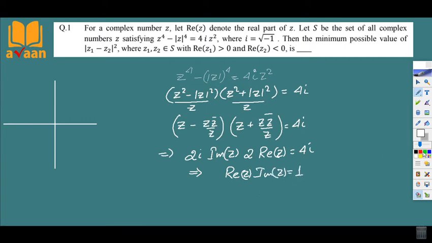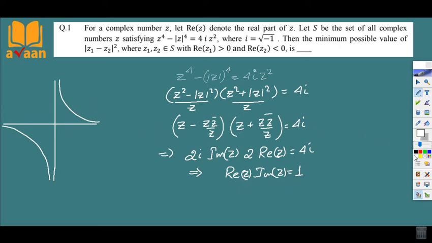Now if you look at this particular expression, then we quickly understand from Cartesian coordinate geometry that the locus is a rectangular hyperbola where the abscissa and ordinate, the real and imaginary part of z, when multiplied give 1.